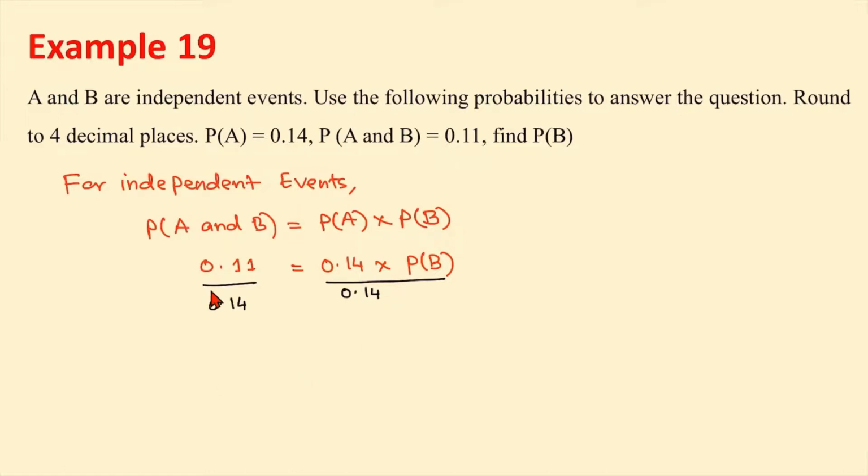So what we get here is 0.11 divided by 0.14 is 0.7857, equal to, on the right hand side, these two get cancelled and you are left with probability of B. So we get probability of B equal to 0.7857. That's what we are asked to find, and we got that. So that is my answer. Probability of B is 0.7857.